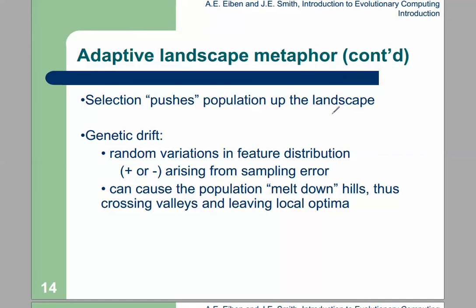And adaptation, or adaptive landscape, means we adapt or improve the generation step by step, by random change, step by step.